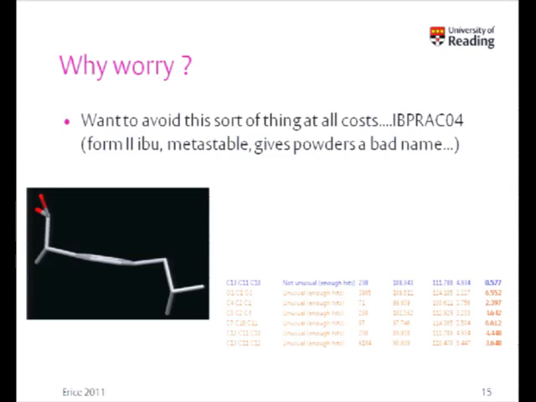Now, quite why the CIF checker didn't pick up this geometry, I don't know. But I dragged and dropped it onto Mogul, which I'll talk about a little bit later, and you can see that Mogul flags up things as unusual, unusual, unusual, unusual, unusual, unusual. That's not a good sign.